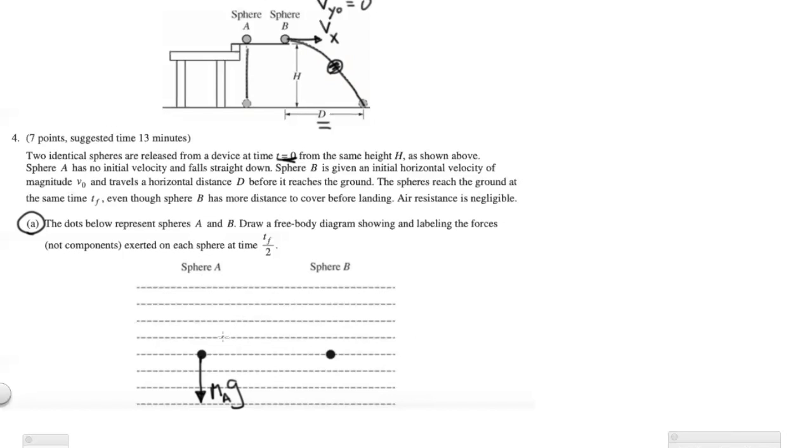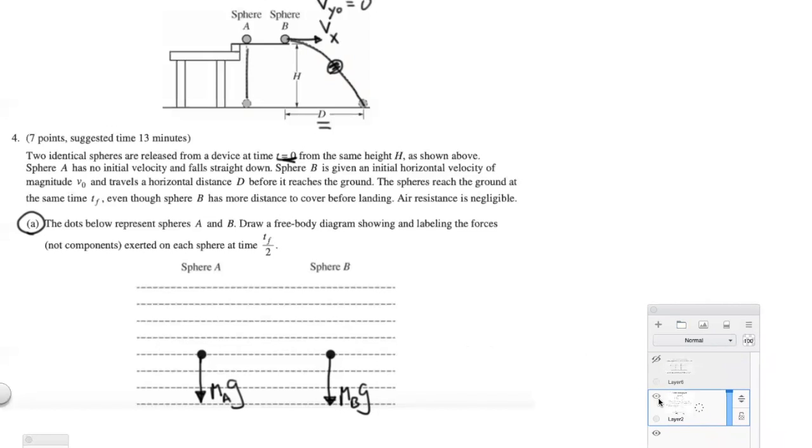If these two spheres have the same mass because they're identical, the force of gravity should be identical. So if we draw this force as 1, 2, 3 grid marks, then the force on sphere B, since it's equal mass, should also be the same. So we'll call that mass of B times g. And that is question A. Let's go on to B.